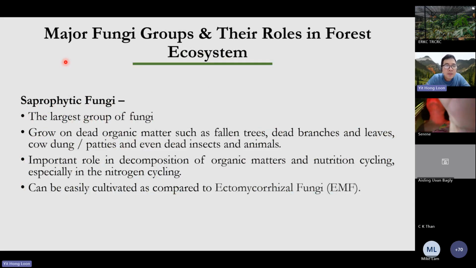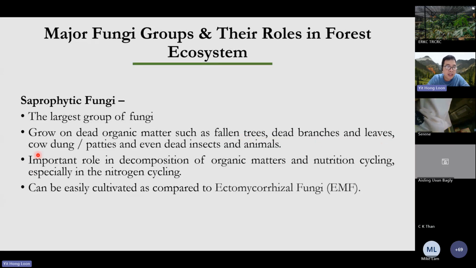Okay. So saprophytic fungi is the largest group of fungi. So this is a group of fungi that primarily do the job to recycle the nutrient back to nature. So they grow on dead organic matter such as fallen trees, dead branches, leaf litters.